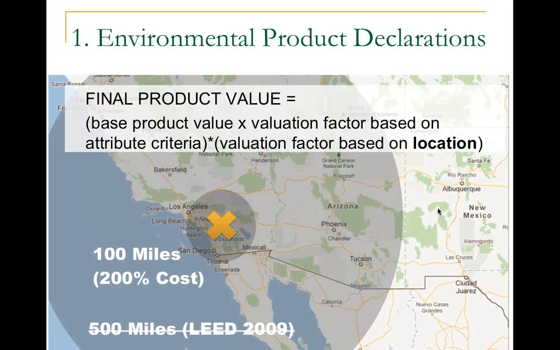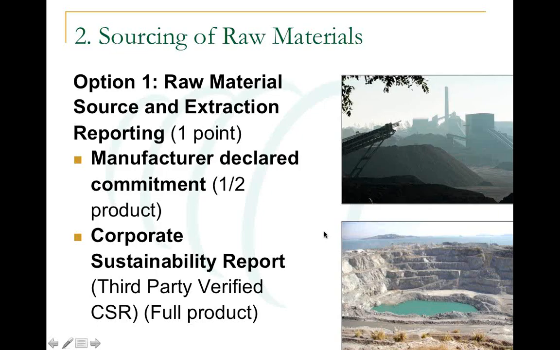Okay. So the second credit that I'll just briefly touch on is sourcing of raw materials. This is not having to do with environmental products per se, but more about the responsibility of our extractive industry. This applies to the timber industry as well, as they are extracting from the earth.